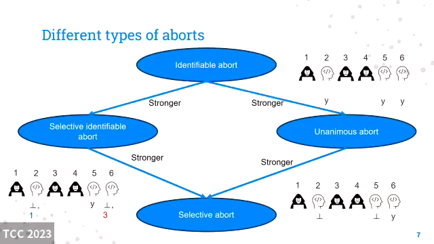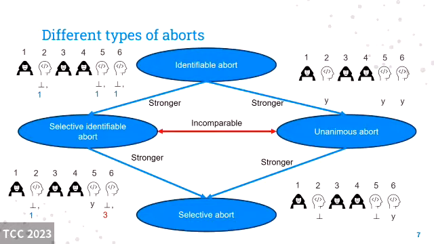Finally, we consider the strongest security guarantee, which is identifiable abort. It means that either all honest parties obtain the output of function y, or all of them abort and identify the same corrupted party. It is important to note that we cannot compare whether anonymous abort is more secure than selective identifiable abort or not.